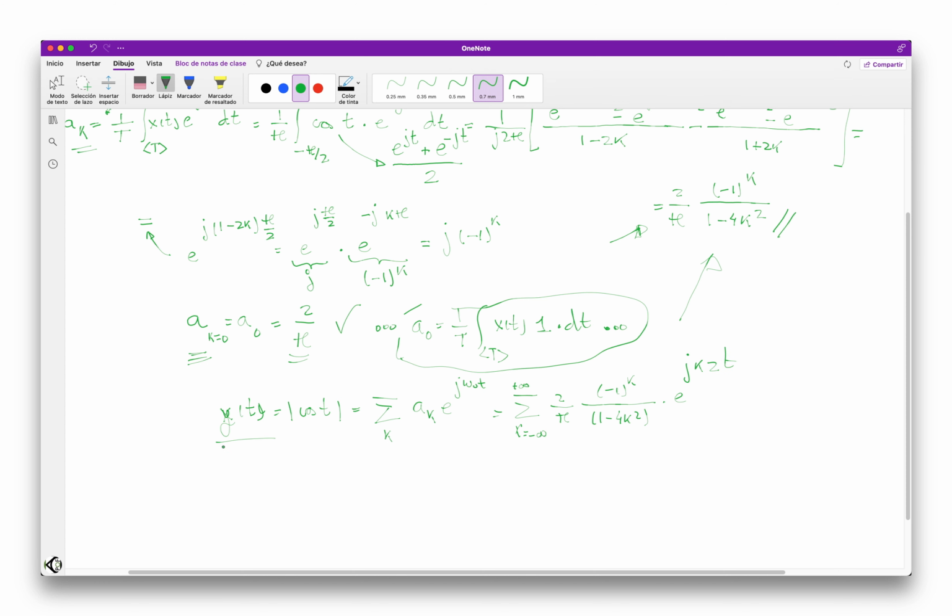Okay, this will be the series, the Fourier series of the rectified cosine.